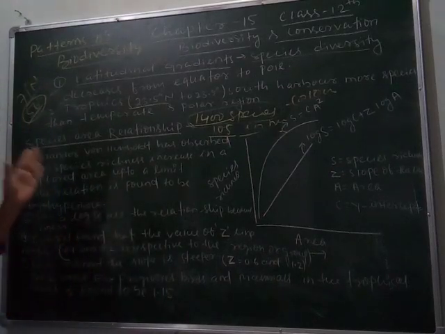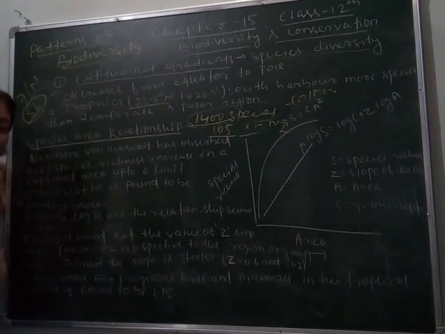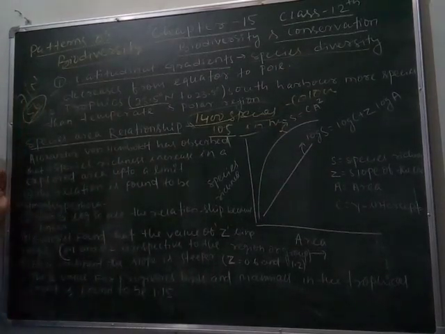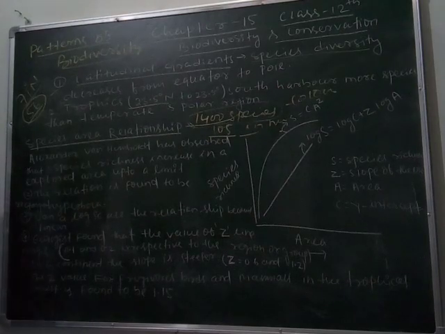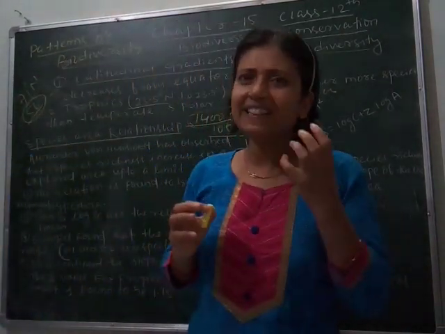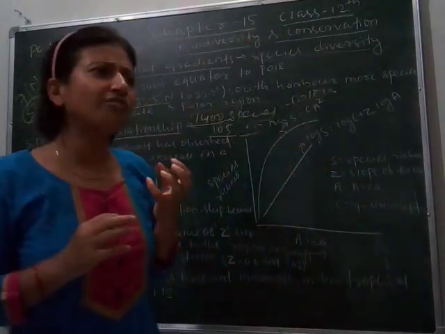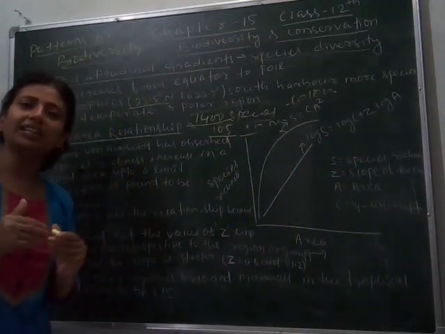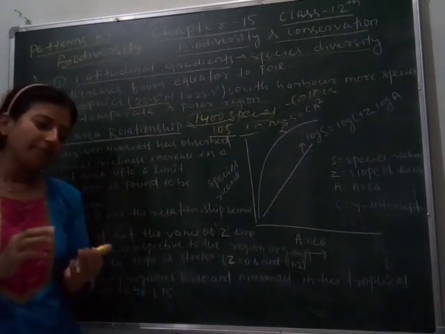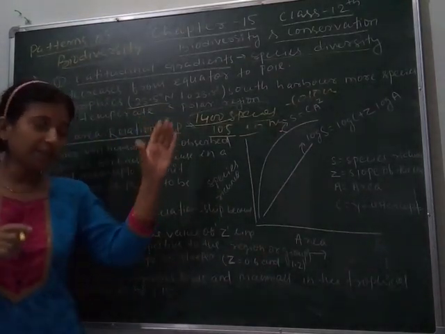How many are present, you can see in your NCERT book and underline the numbers. In South America, 40,000 species of plants, 3,000 species of fish, and approximately 1300 species of birds are found. This is the species diversity we can see in South America.